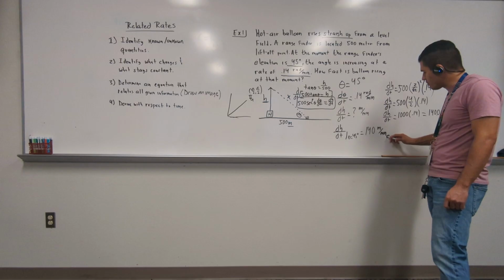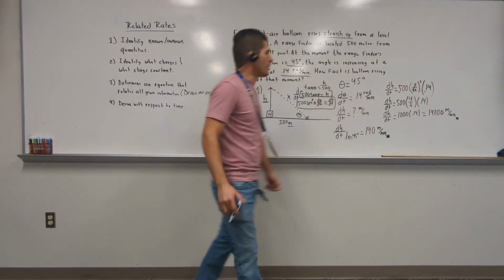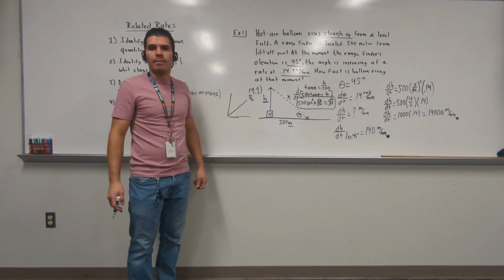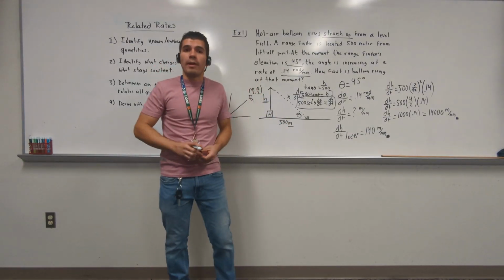That's really what I should be writing here to make sure I'm answering the question, which was at 45 degrees, what is happening. Cool? So this gives you the general idea of related rates.